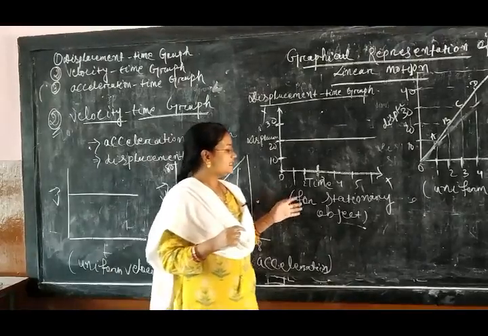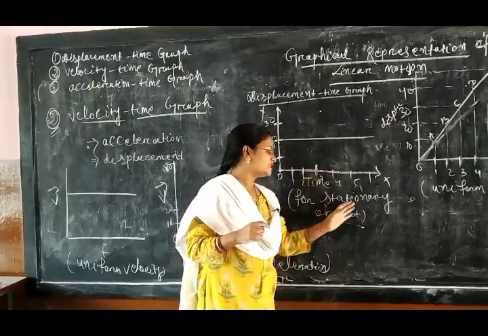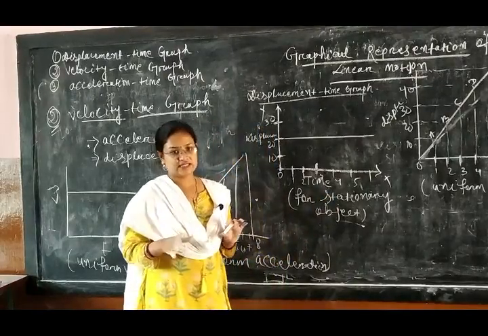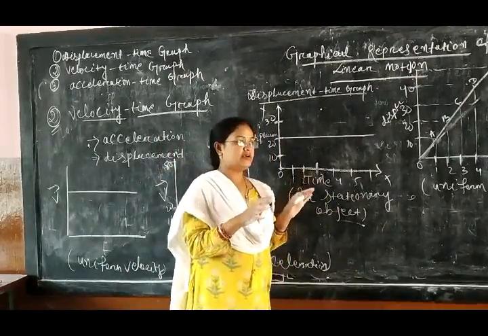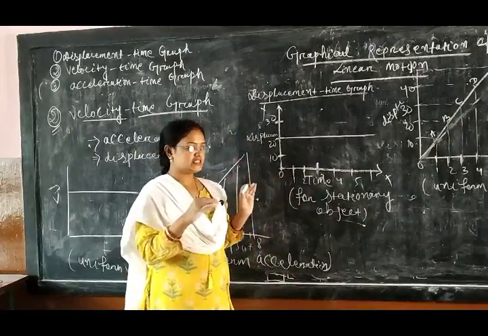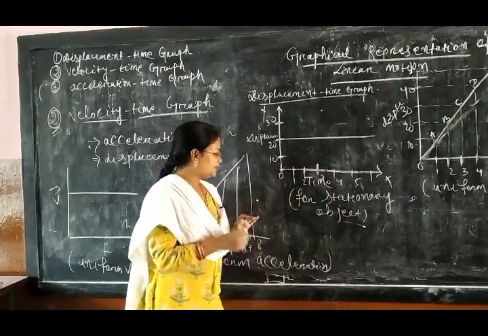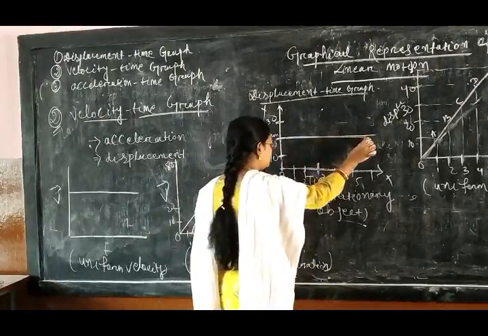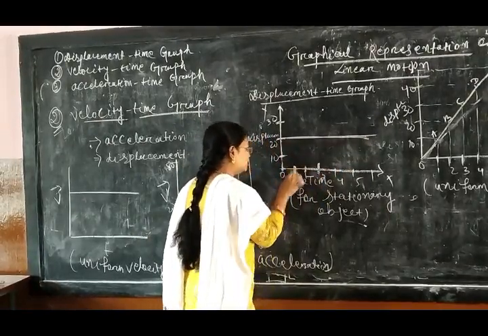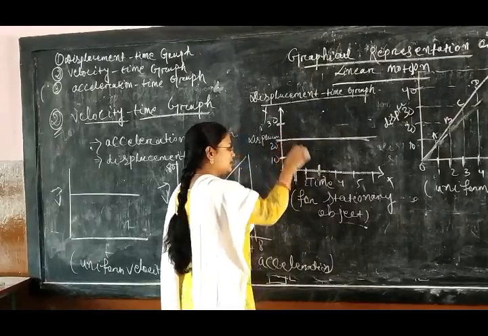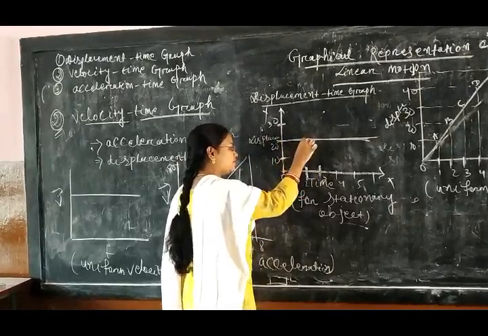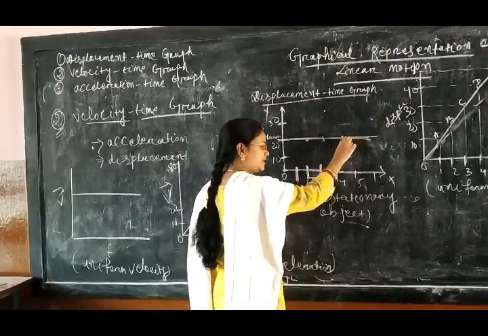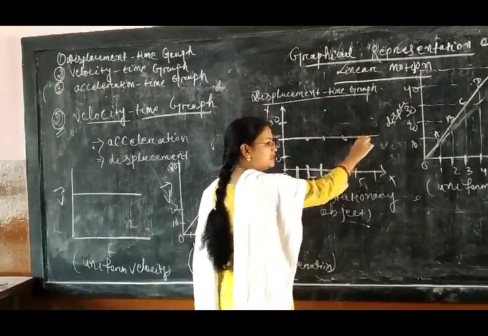You see, this is the displacement time graph for a stationary object. Stationary object means what? Rest object. Rest object means what? That body doesn't change its position with respect to time. So for example, suppose this one is the graph. At 1 second the displacement is 20. At 2 seconds the displacement is 20. At 3 the displacement is 20. At 4 displacement is 20. At 5 displacement is 20.